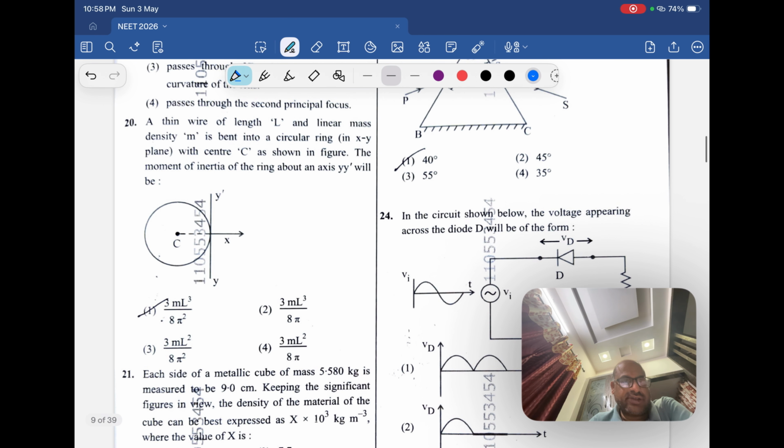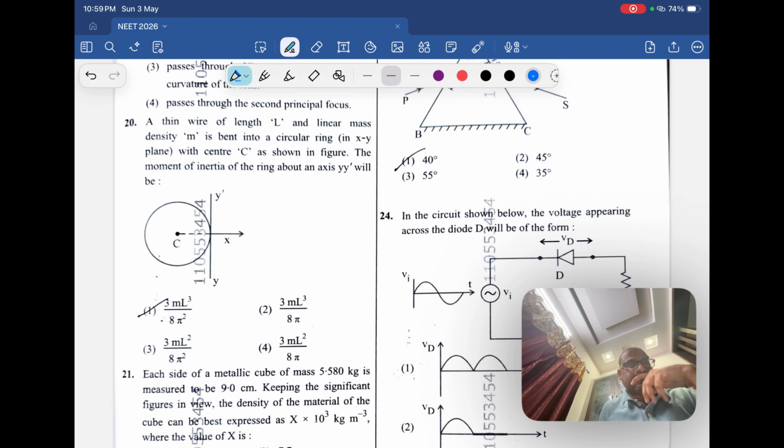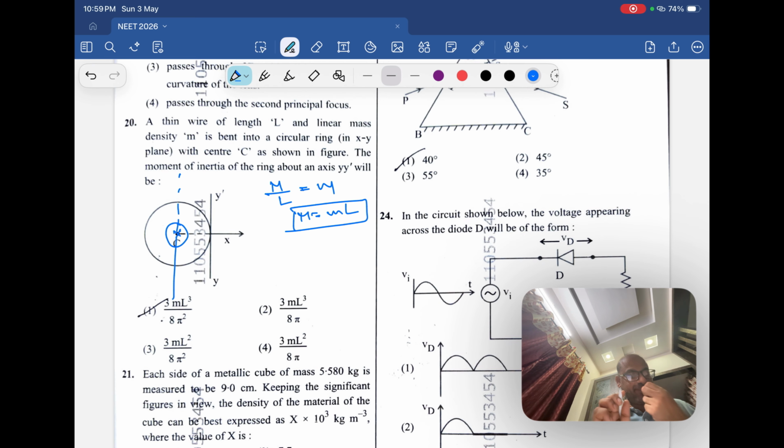Next, coming to a thin wire of length L and linear mass density m, bent into a circular ring. The moment of inertia of the ring about an axis y dash. The thin wire has length L and linear mass density m, mass per unit length, so mass will be m into L. Now about a tangential axis, what, mr square, and about the diametrical axis will be mr square by 2.